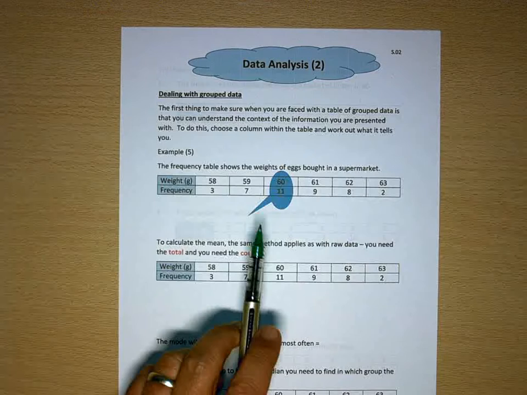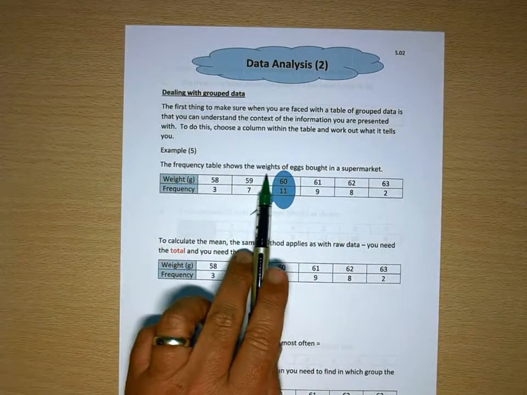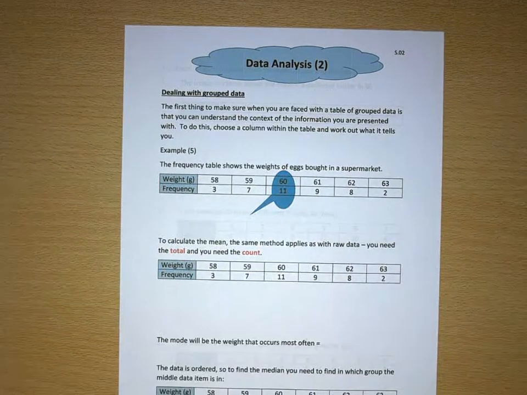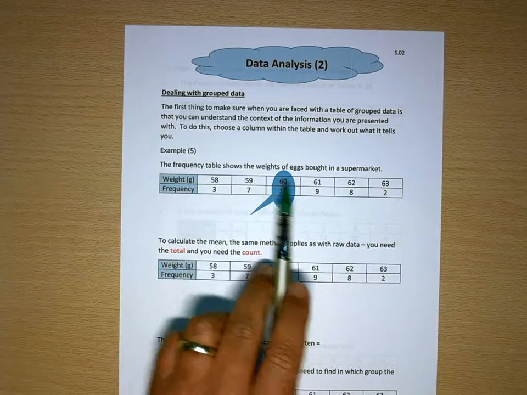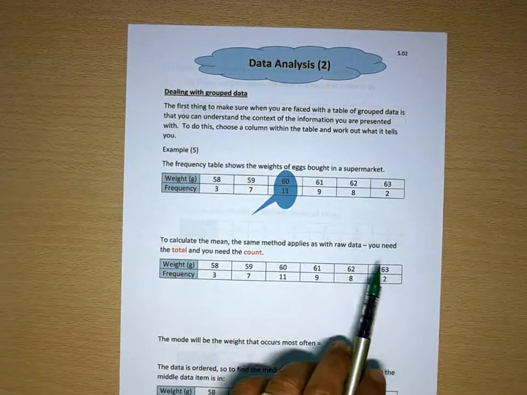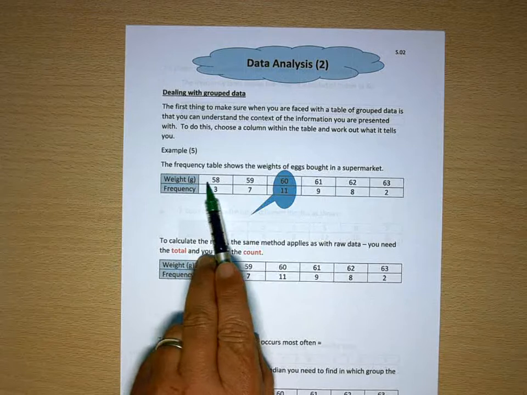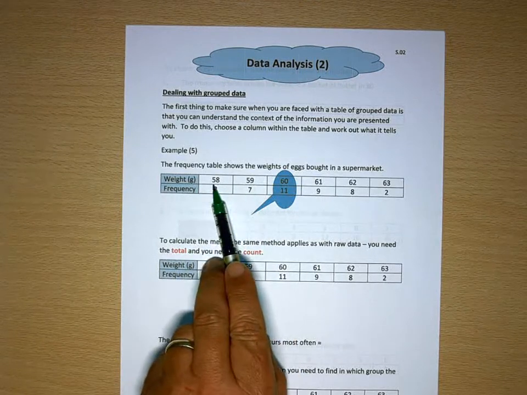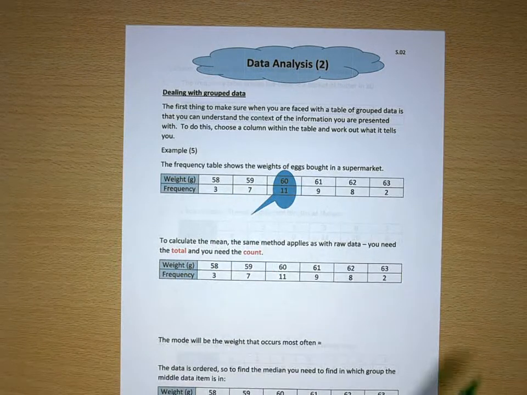So in this example, we're talking about weights of eggs bought in the supermarket. So the frequency table shows the weights of eggs bought in the supermarket. The top column gives you the weight in grams, so 58 grams, 59 grams.